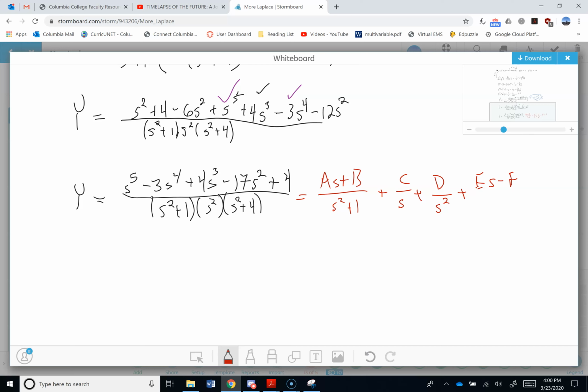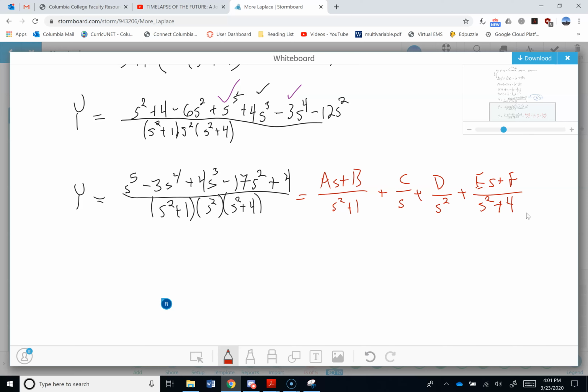Come on. I don't know why the screen won't write on this one spot. I mean, must need to clean it or something.